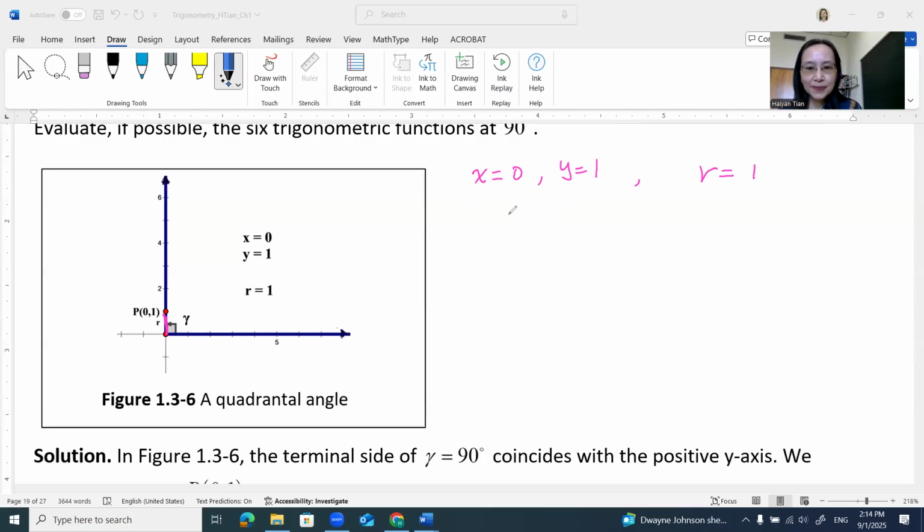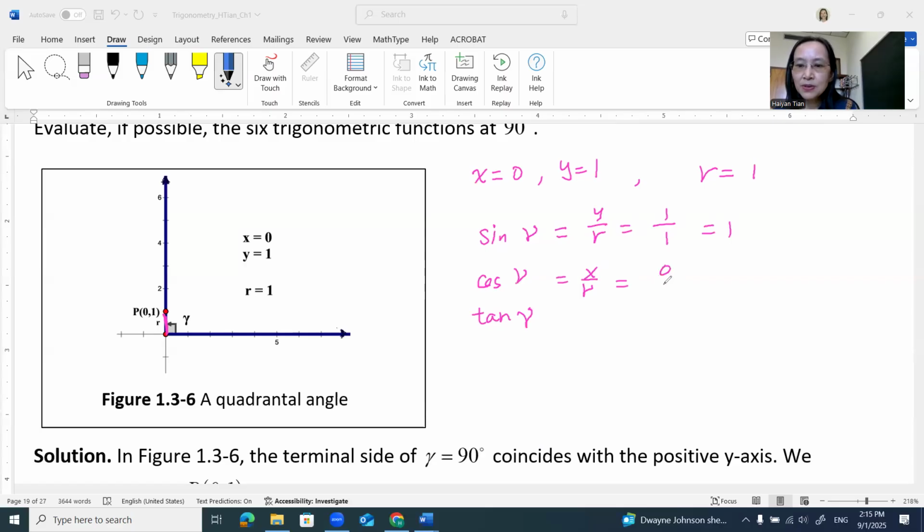So we have the 3 values. We're ready to find sine, cosine, and tangent of this gamma, and also 3 others. We can start with the first 3. Sine is y over r. Y over r is 1 over 1, which is 1. Cosine is x over r.